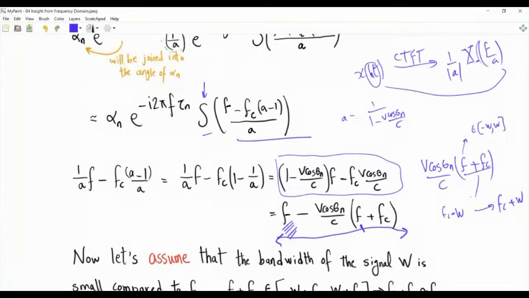Now suppose that our signal is narrowband, in the sense that w, the bandwidth of the signal, is much, much smaller than fc. So basically the term that you have here is f plus fc.